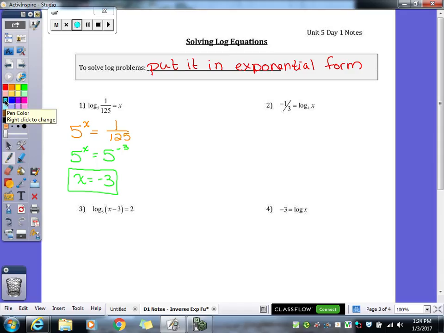Number 2 is just a little bit different. Our base is a 4. What is our exponent? Negative 1/3 equals our x. Now, since it's the number with the exponent, we just have to figure out what that equals. And since it's 1/3, that means we have to take what root of 4? Cube root. Is there a cube root of 4? No, so we need to use our calculator for this one. So let's have you go ahead in your calculator, do 4 to the negative 1/3 power.